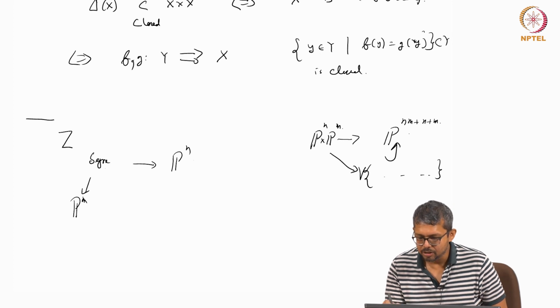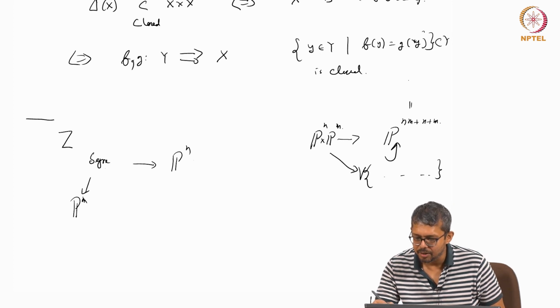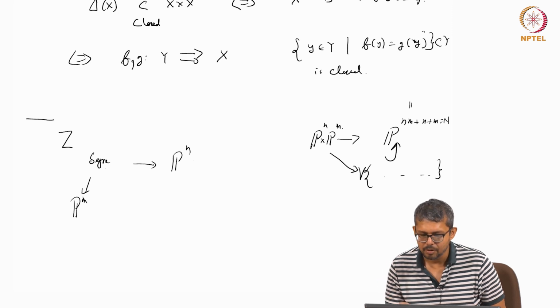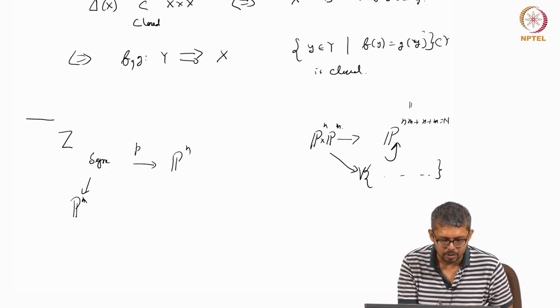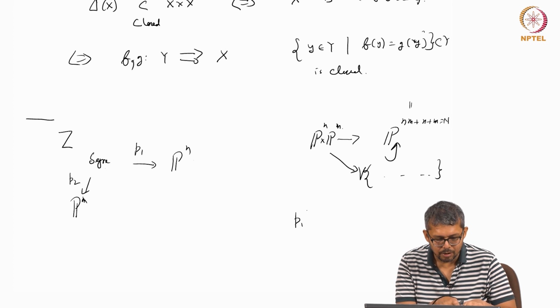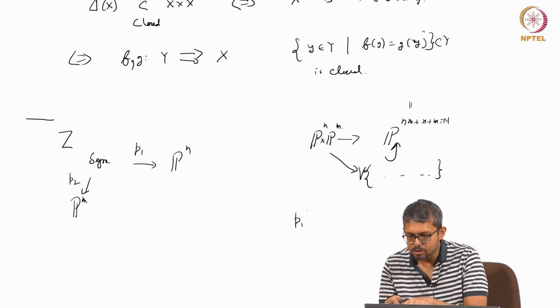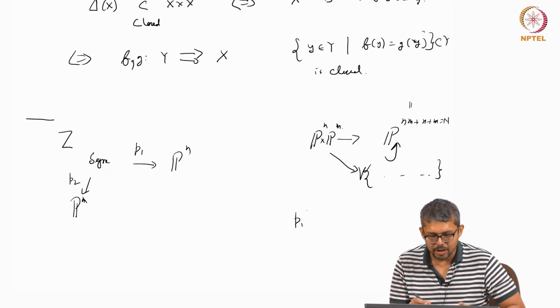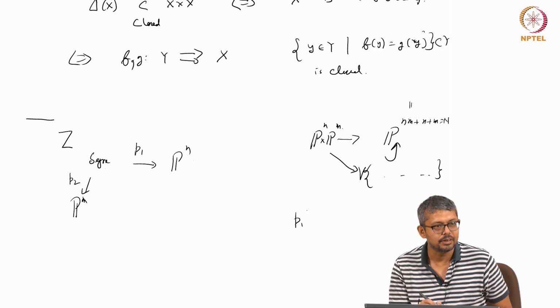So how do you define that? You call this P. First of all, what is this projection map? That I also did not define last class. So P1 and P2. You have to define something from this to Pn. What you do is take the affine cover.